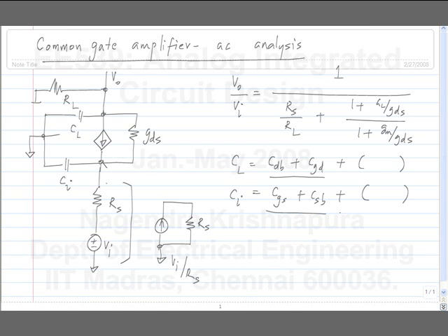Before going to that, what is the order of the circuit? Second order. Why? So, looks like there are two capacitors and the voltages across them are independent of each other. Okay. So, we likely expect a second order transfer function. But what is the transfer function? Is there an easy way of obtaining the transfer function?